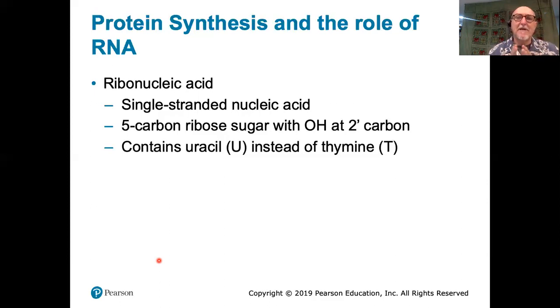It uses a very closely related nucleotide, which has uracil as the nitrogenous base, not thymine. So those three differences distinguish it functionally, but they also label it for the cell to recognize. And the cell speaks RNA. It doesn't speak DNA. It can talk to the RNA, and the RNA can talk to the DNA, but the cell can't talk directly to the DNA.